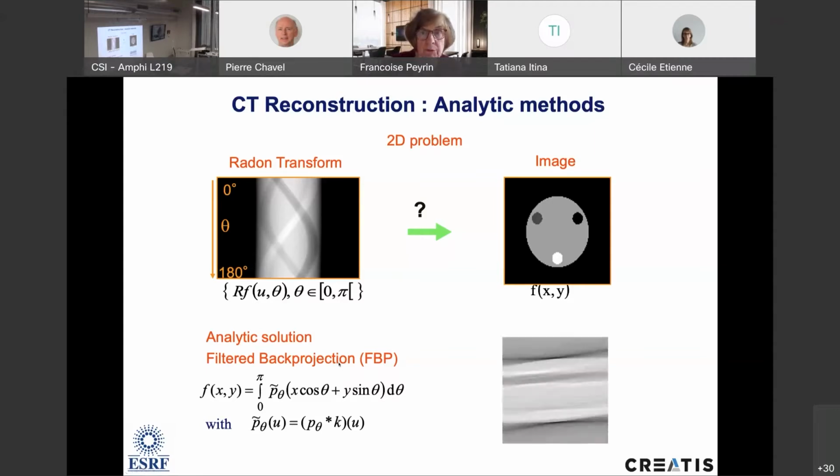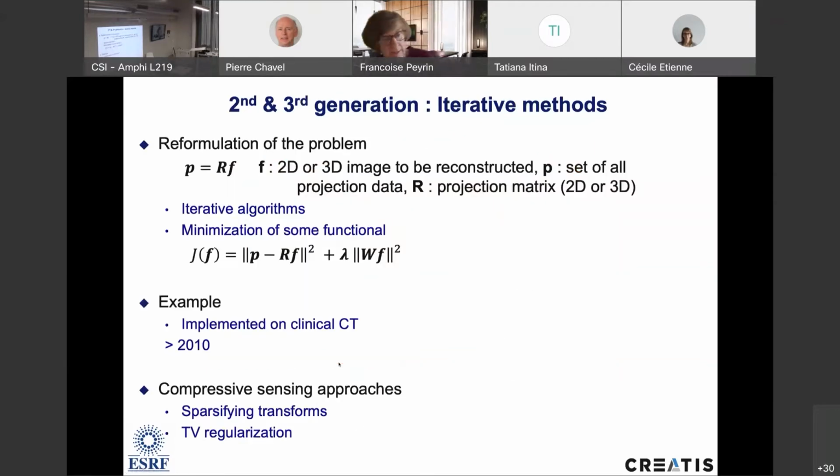I will briefly say that the second and third generations of methods are called iterative algorithms. In this case, you do not apply a closed formula like previously, but you reformulate the problem in the discrete space, and you solve it as the resolution of a very large linear system. F stands for your vector, your image put as a big vector.